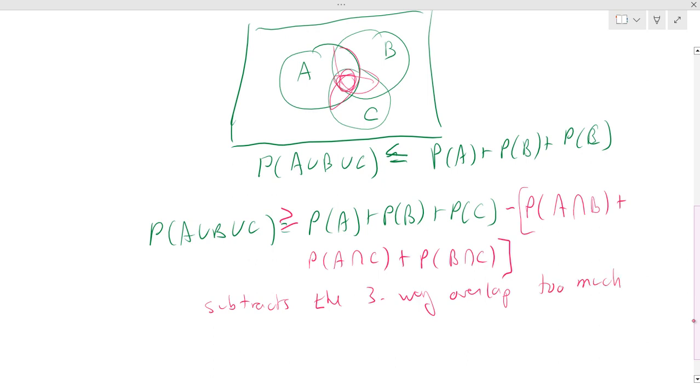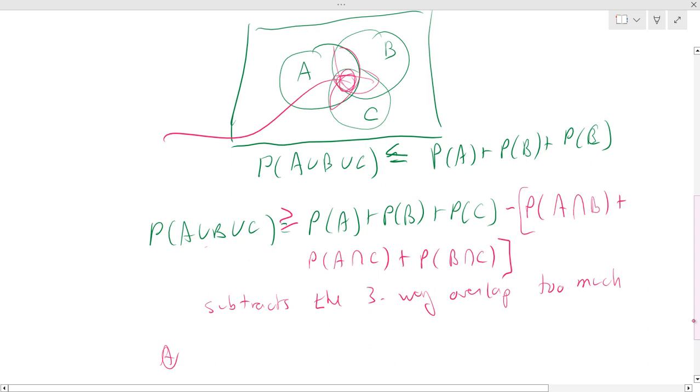When I did A plus B plus C, this counts the three-way intersection 3 times. So P of A plus P of B plus P of C counts the three-way overlap 3 times. Let me call this three-way overlap E. E is probably not a good letter because you use that for expected value. I'll call it G or something like that.